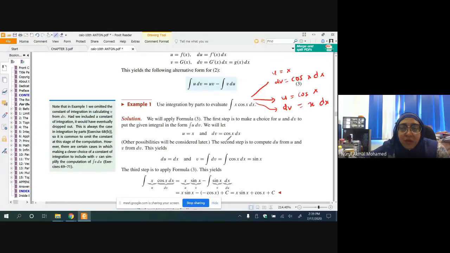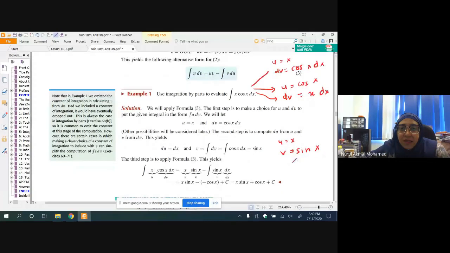So what will be the answer if you integrate this? It will be sine x. So your u is x, and your v will be sine x. And then uv is already known here.